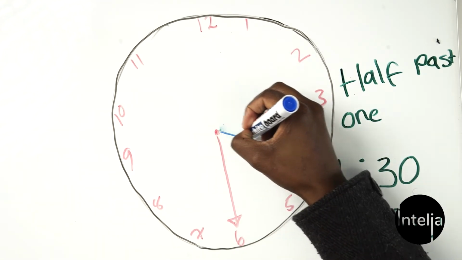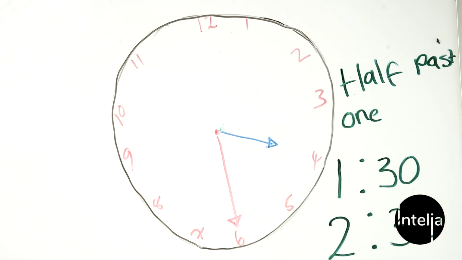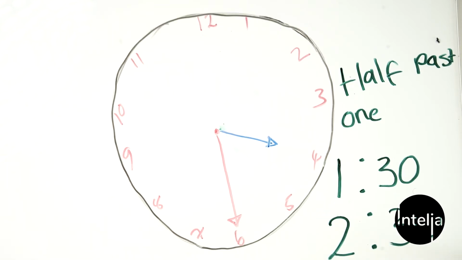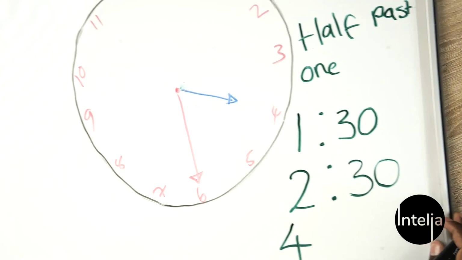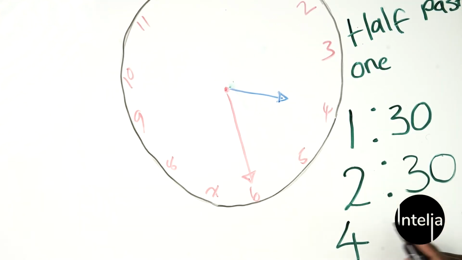Our hand is pointing at 4. It's 4:30 now. So you say 4:30, like this. Always put these 2 dots in between the hours and the minutes.